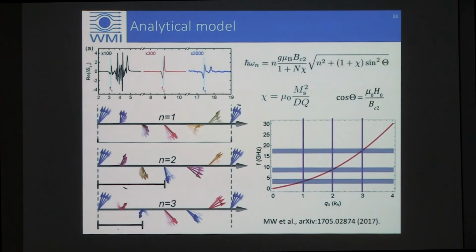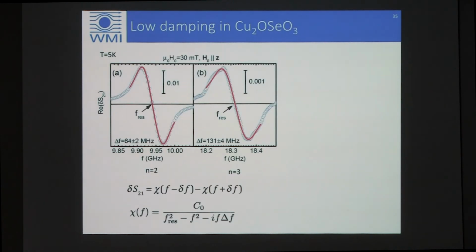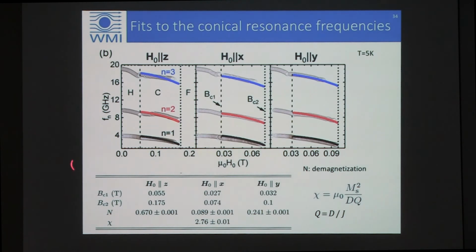The final thing is, looking at the raw data, you already see that the lines are really narrow, right? So what's actually the damping of the system? To extract the damping, you need to do measurements at several different frequencies and then get the linear slope of it. Because of these different modes, we only have discrete frequencies where we can do that.